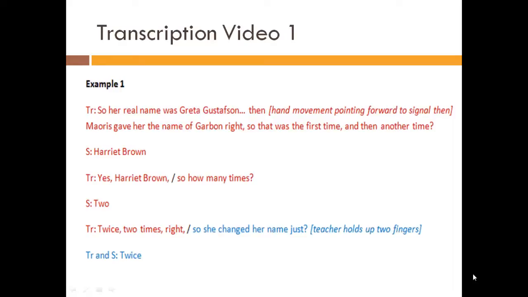For the transcription of video 1, in example number 1, we have an exchange. We also included the nonverbal communication in italics. To signal the end of the exchange, there is a slash, and it also indicates the beginning of a new exchange. At the end of this example, we have the transaction in blue as well as the nonverbal communication in italics.